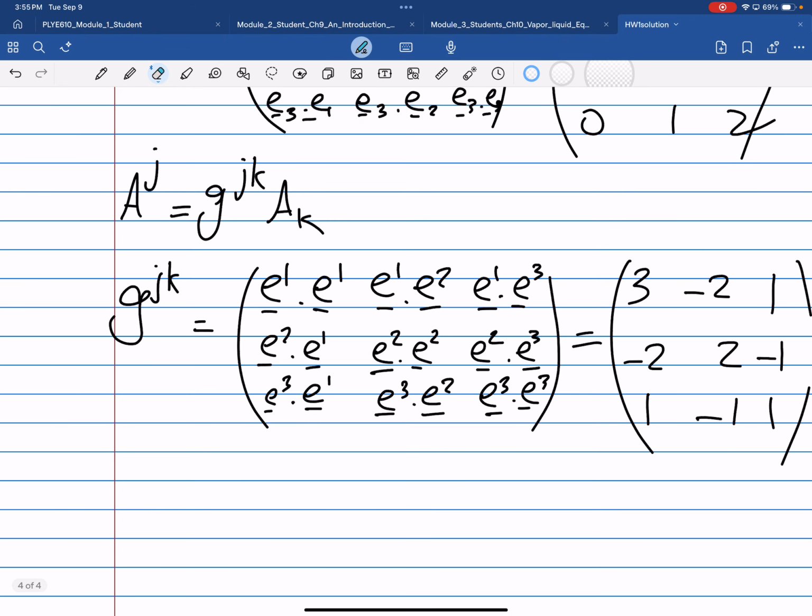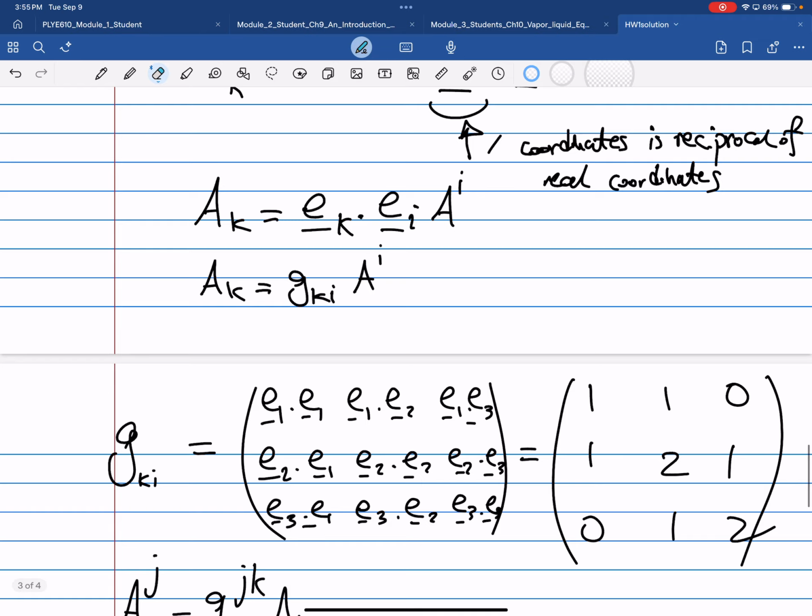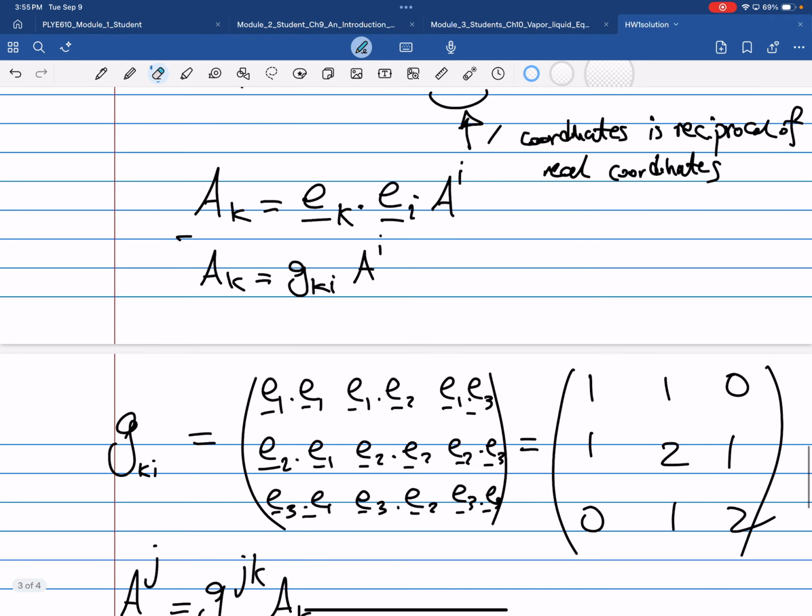I don't have the final values for A, so I'll add this later, but you can follow that matrix rule and multiply it by the A K values to determine the components. This is the transformation rule that you are going to use.